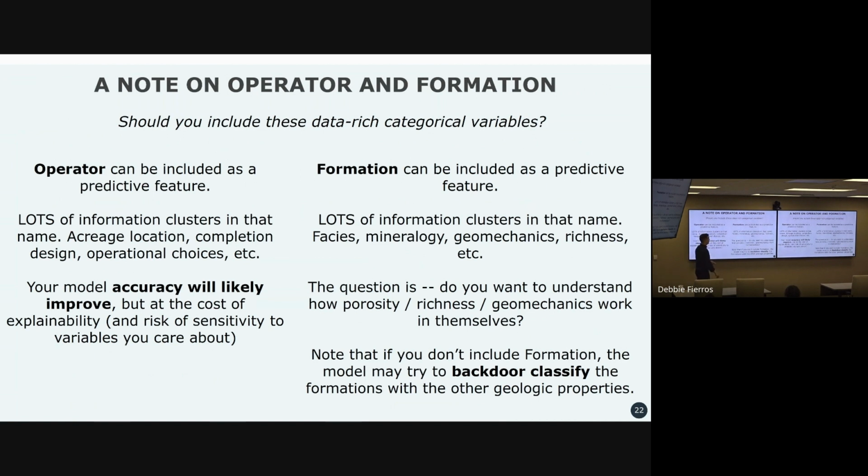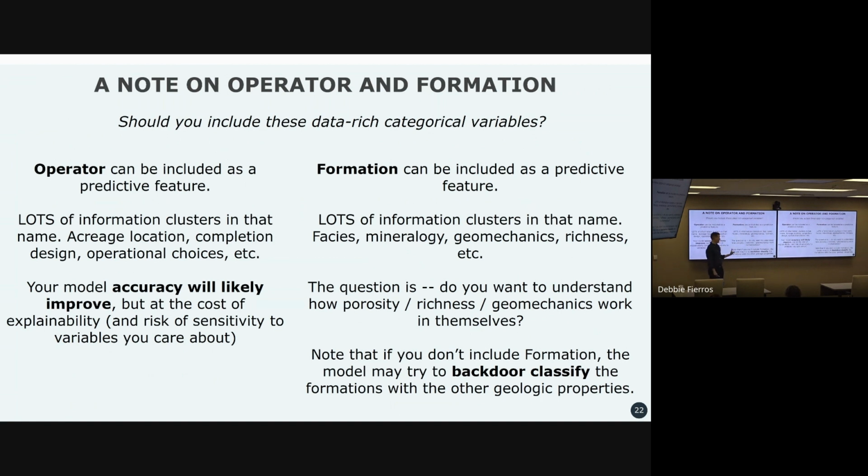And so in our experience, including formation as a variable is generally a better idea because there is so much useful information about that. But if you do want to have more of a first principles understanding of the rock properties, you might want to leave it out. But your model will probably be better and it'll be more useful.